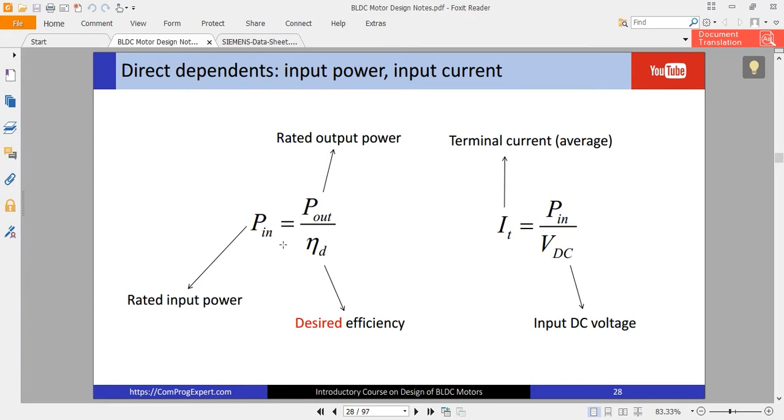And when we calculate the input power of the motor, we can calculate the terminal current. Okay, the motor terminal current. Motor terminal current is equal to input power divided by input DC voltage. So this is average terminal current. Okay, average terminal current.